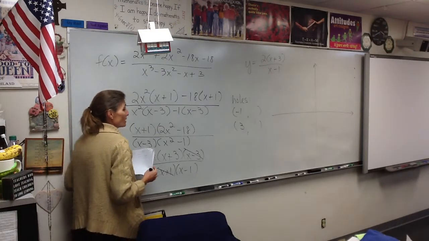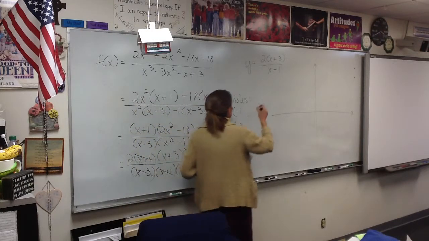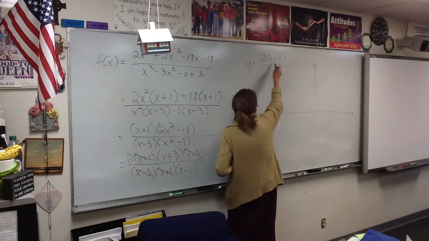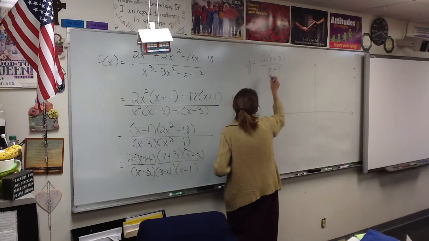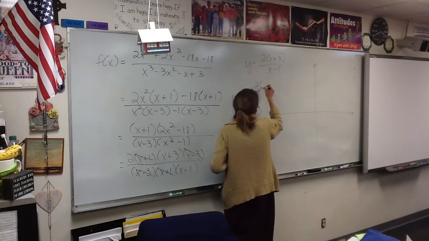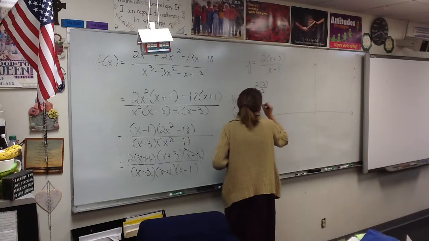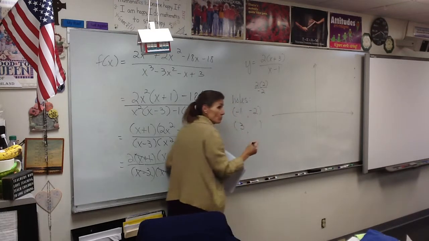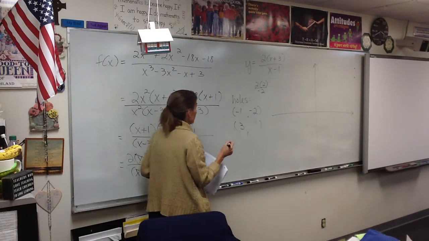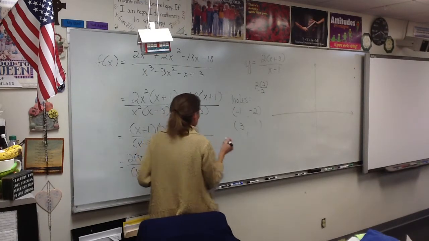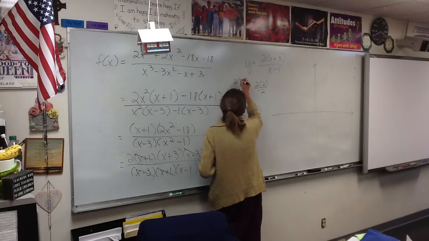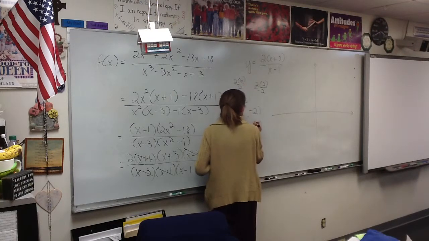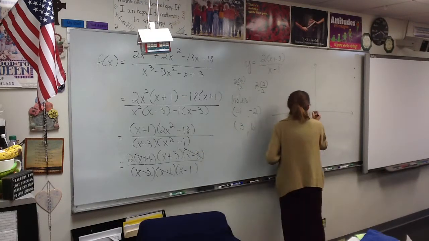Now, what will the y-coordinates be? Well, if we put -1 in here, we get 2 times 2 over -2, -2. And if we put 3 in, we get 2 times 6 over 2, 6. I'm going to go ahead and plot those.